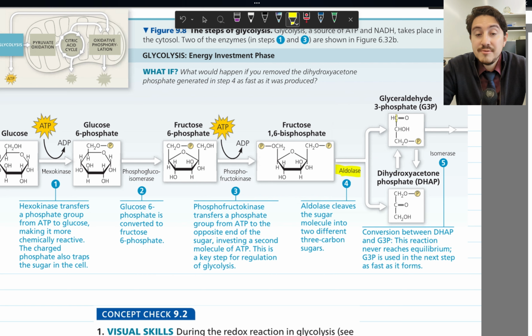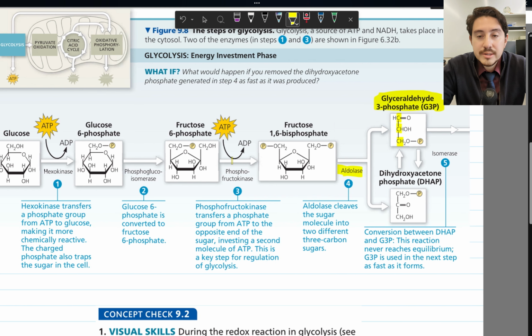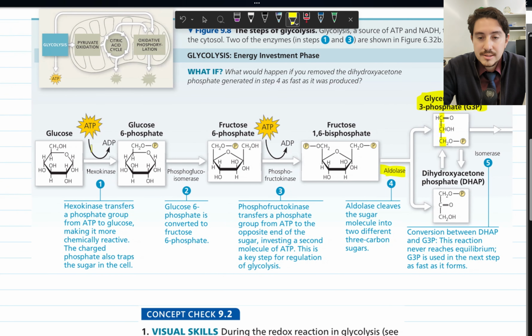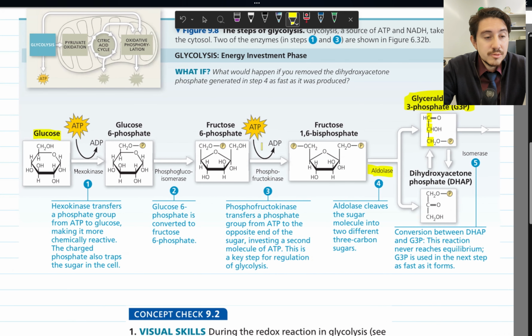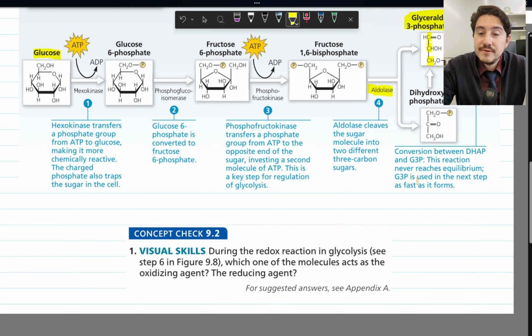So now instead of having one long 6-carbon compound, you're going to have a molecule that is 3 carbons: glyceraldehyde 3-phosphate, G3P. This one also I do recommend remembering. So we have glucose, and glucose will break down into a molecule called G3P, glyceraldehyde 3-phosphate.